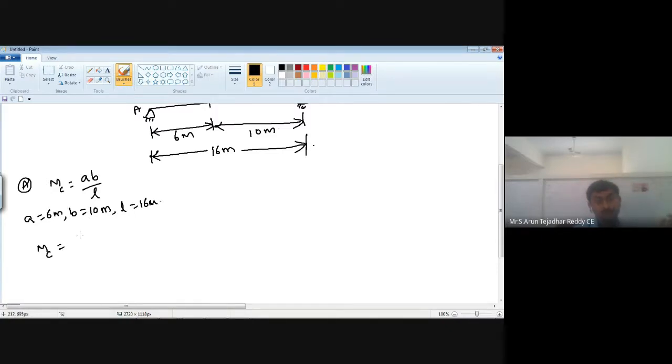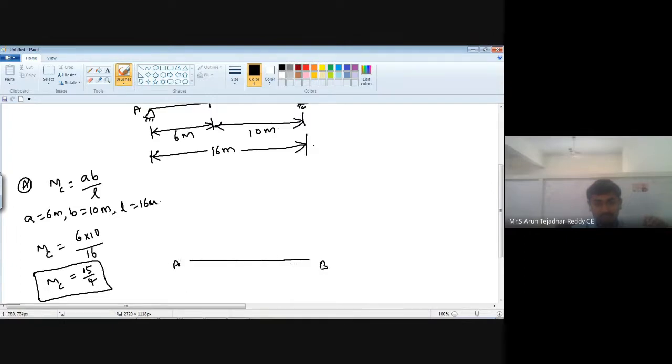MC is equal to 6 into 10 by 16. It is 15 by 4. Okay. And locate the same value here.